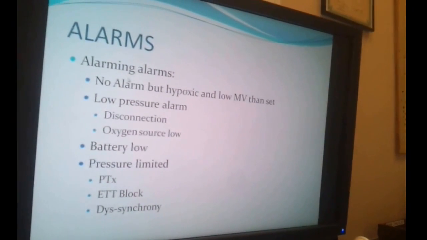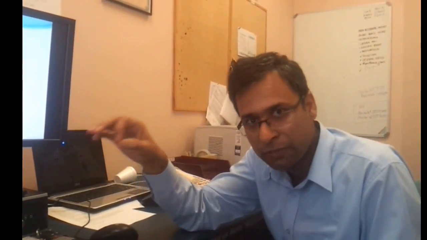We should realize that these machines can't run without a pressurized air source, whether it would be pressurized air or pressurized oxygen. These machines require a constant pressurized source. These can't run on air. So if the air is finished in the cylinder, or the oxygen is finished in the cylinder, the machine will stop.